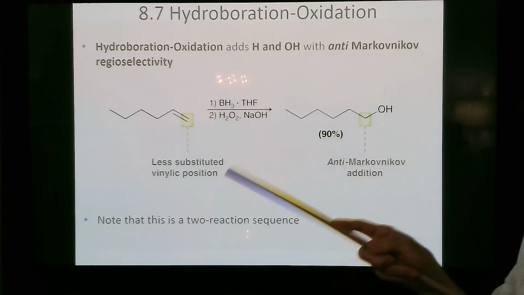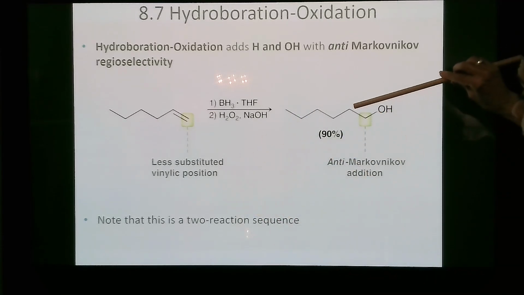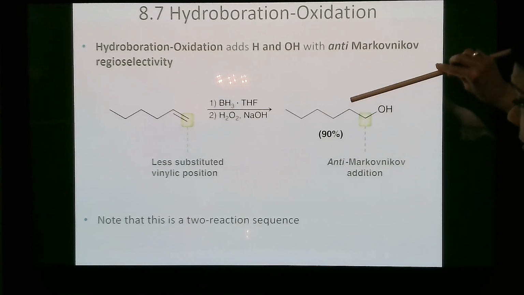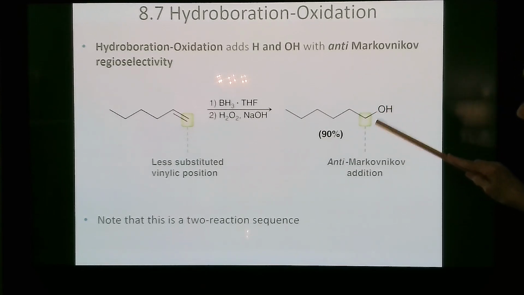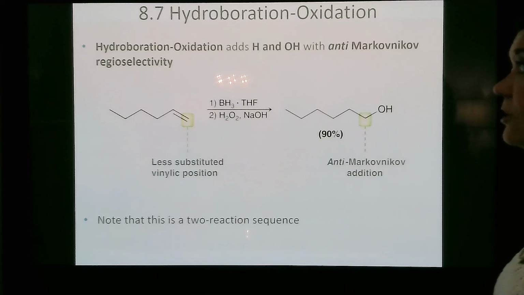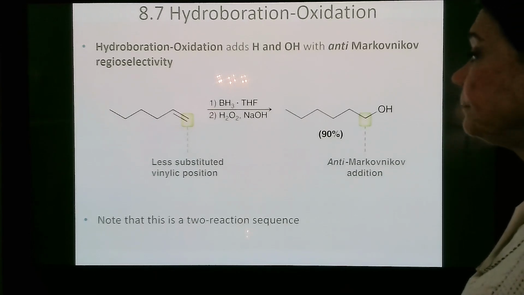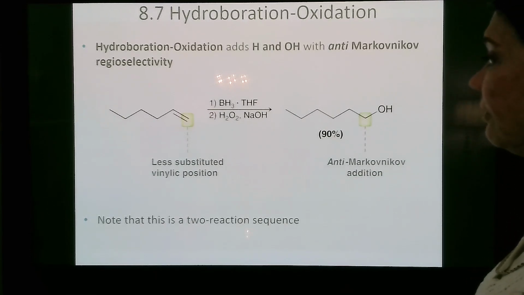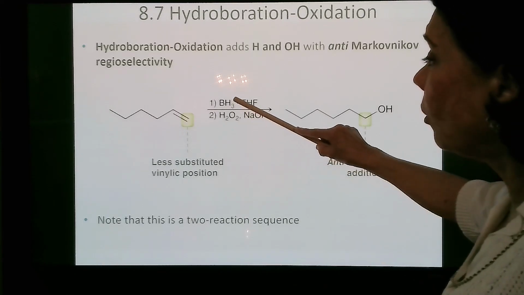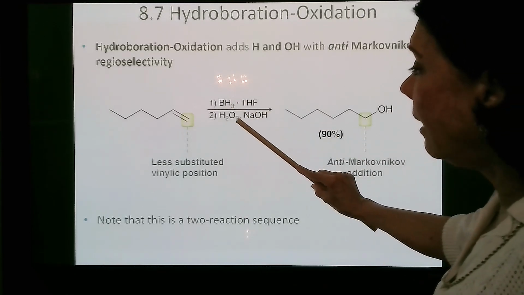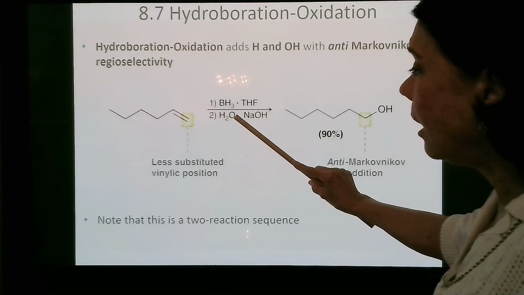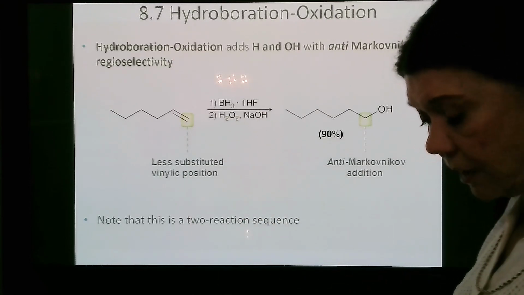Okay? And in the other 2 syntheses, we were always putting oxygen on the internal position. Now you put it on the terminal position. So this is something different and valuable synthetically. So hydroboration followed by oxidation using hydrogen peroxide and sodium hydroxide.